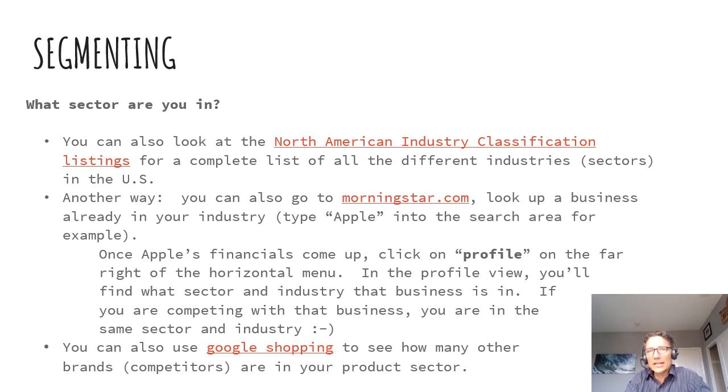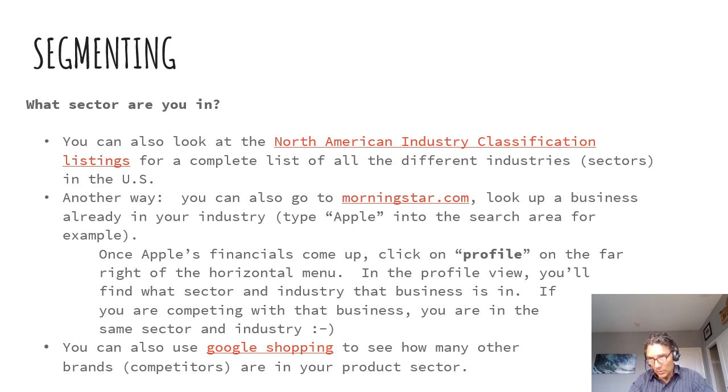The NAICS, the North American Industry Classification listings, is used by businesses when they file taxes. It's a way for the government to track what all these industries are doing. Are they growing? Are they shrinking? Are they making money? Are they losing money? And it's a way for us as marketers to find out what sector we are in. That list is very long and hard to read.